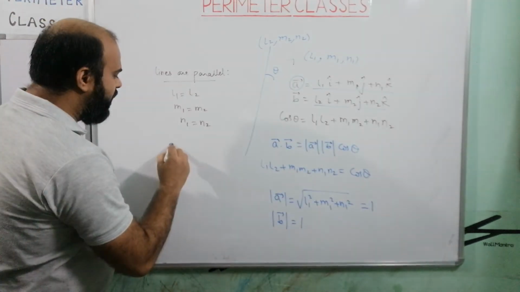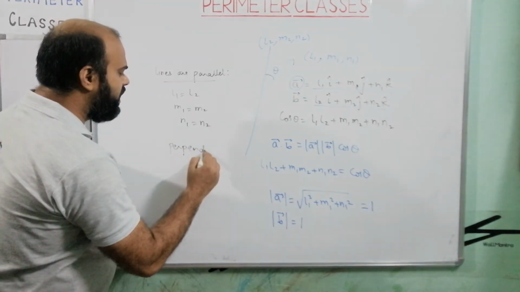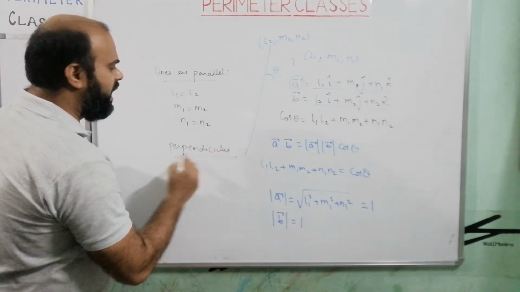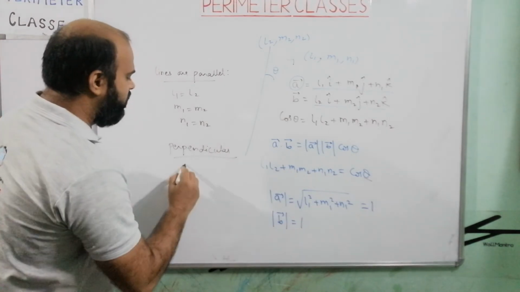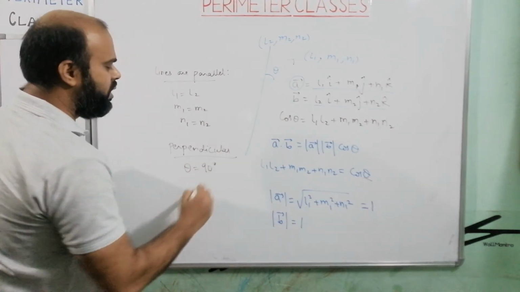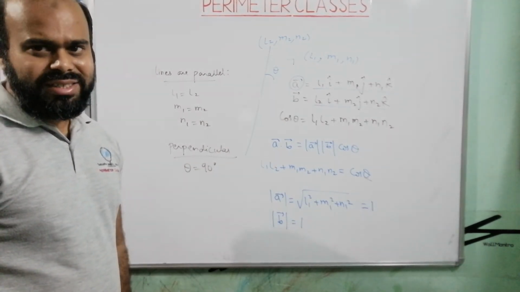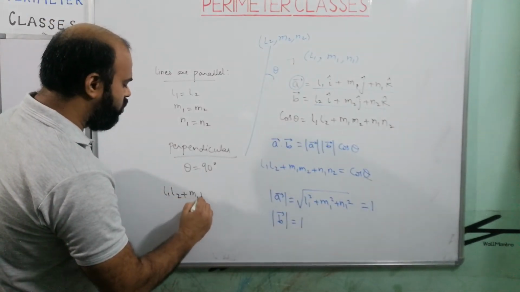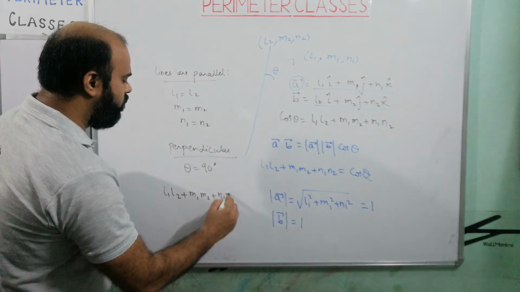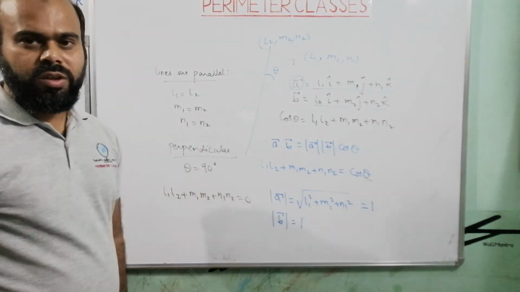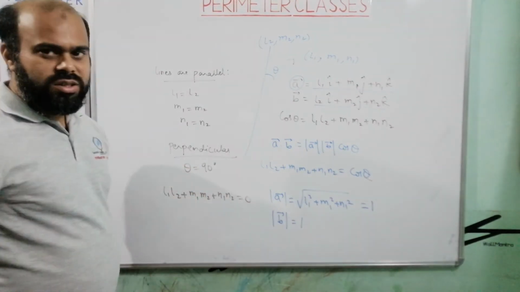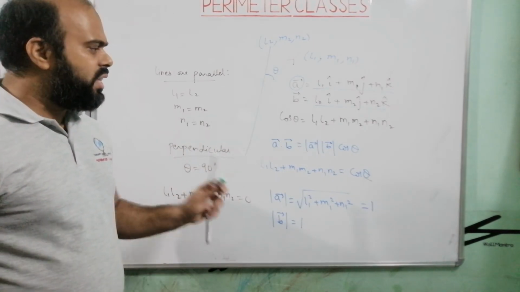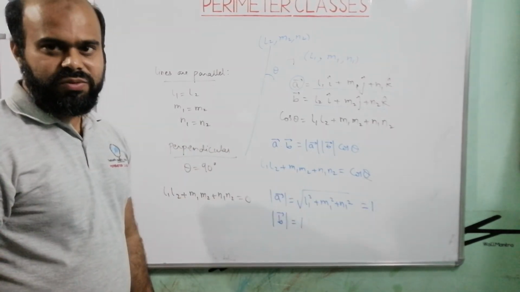If lines are perpendicular, the angle theta will be 90 degrees, and we all know cos of 90 is 0. So L1 L2 plus M1 M2 plus N1 N2 would be 0. So these are the two particular cases. Otherwise the general formula is this one.